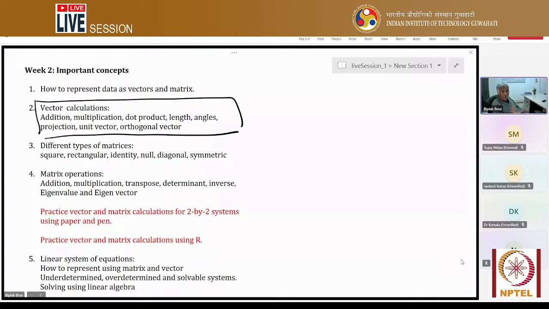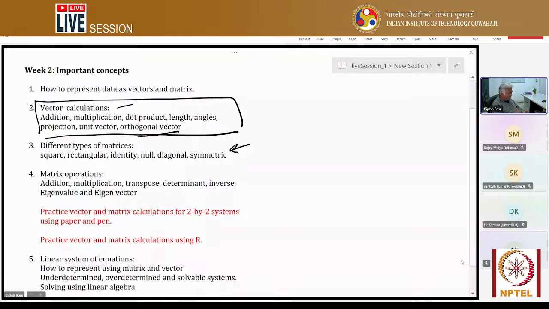Learn what is a vector, the basic concept, what is a matrix. Then once you understand what is a vector, how to do these basic calculations like dot product, addition, multiplication, the idea of unit vector, orthogonal vector, you go through them. And then you learn matrices. Again, do not go into matrix without learning the vector, right?